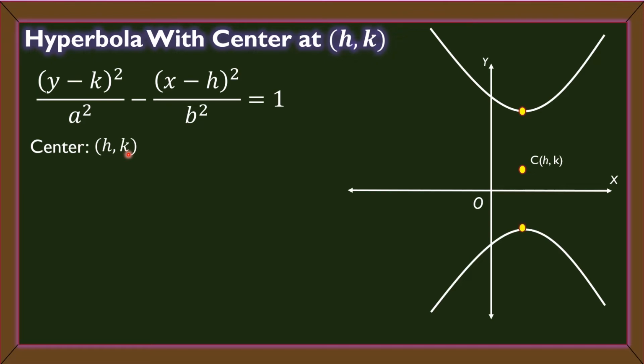Collinear with the center are the vertices. Since a vertex is a units away from the center, V has coordinates (h, k + a). The other one, V prime, has coordinates (h, k − a).